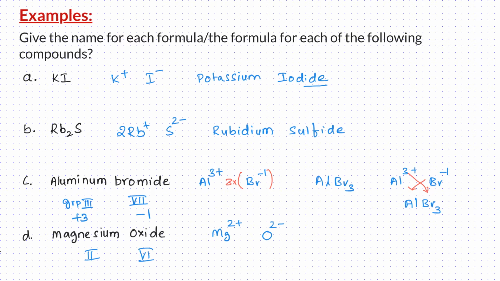Let us exchange these charges and make them subscripts. The formula for magnesium oxide is Mg2O2. Now if we simplify this further, we get the ratio of magnesium and oxygen as 1:1. Therefore, the formula for magnesium oxide is MgO.